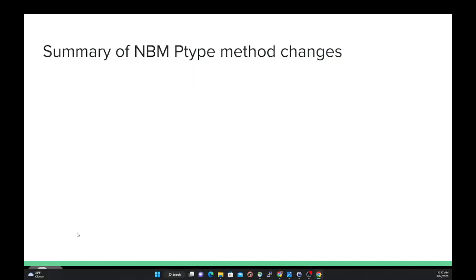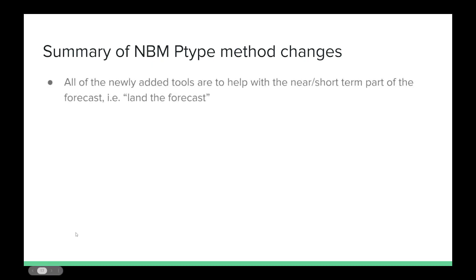So let me talk a little bit about these p-type method changes, just in terms of a summary. They've been added here just to really help with that near short-term part of the forecast, to again land the forecast, because we've got a lot of feedback that we need more tools to help us land. Is it perfect?